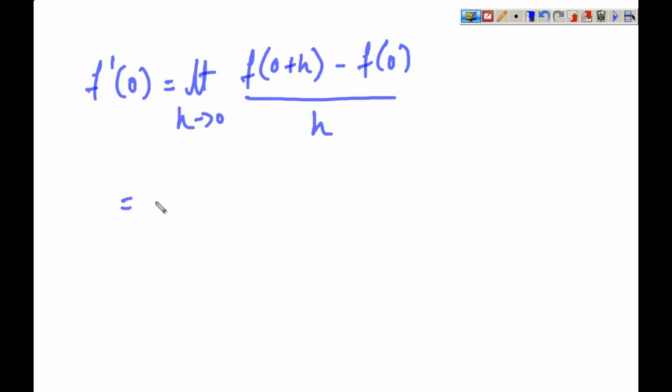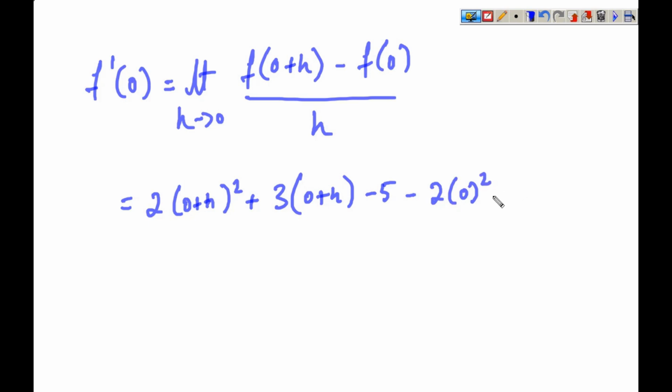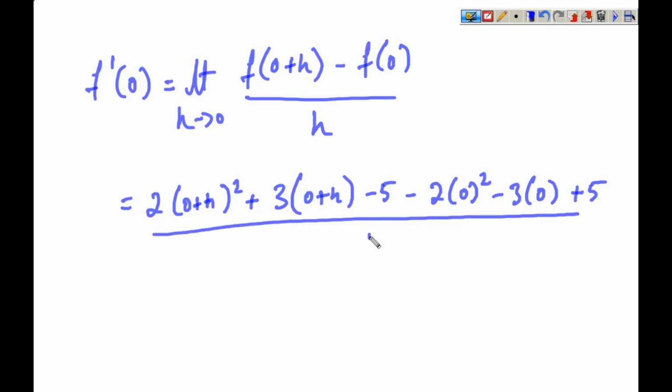We have 2 times 0 plus h squared, plus 3 times 0 plus h, minus 5, minus 2 times 0 squared, minus 3 times 0, plus 5, whole divided by h.